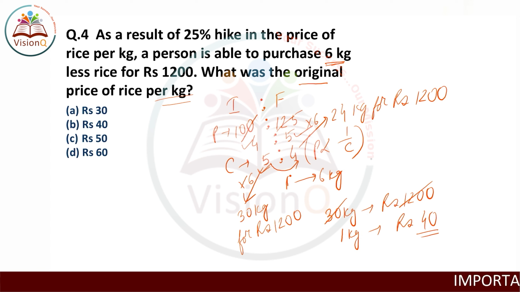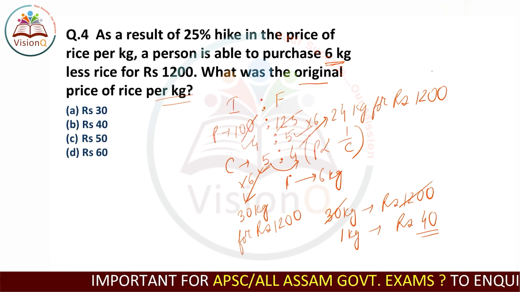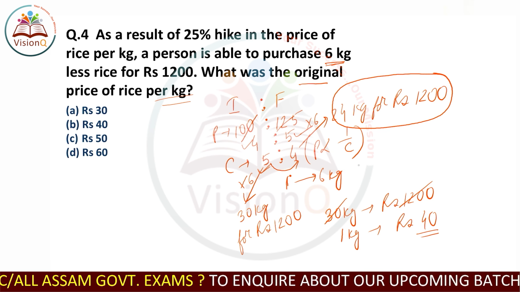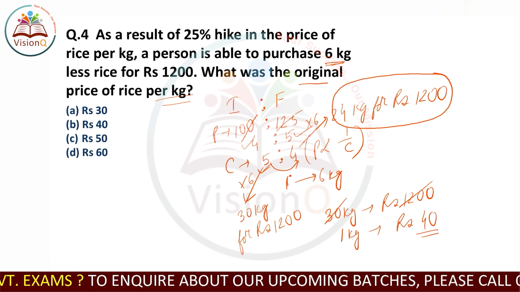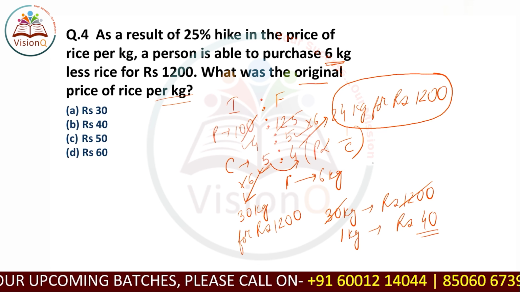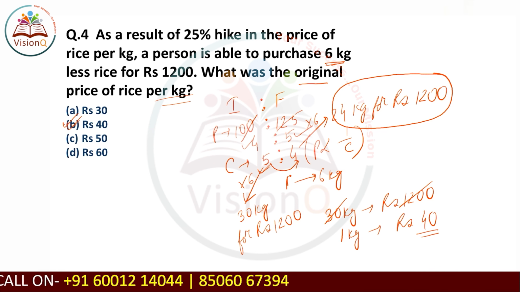If it were asked to find the final price, or the increased price of rice per kg, I would have to find the price now: the price of 24 kg of rice is rupees 1200, and from that you can find the price of 1 kg. Since it is asked to find the initial price of rice per kg, the answer is option B, which is rupees 40 per kg.